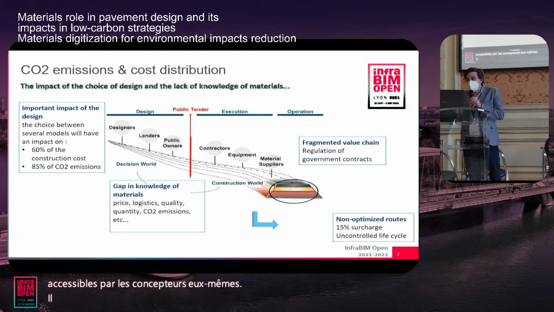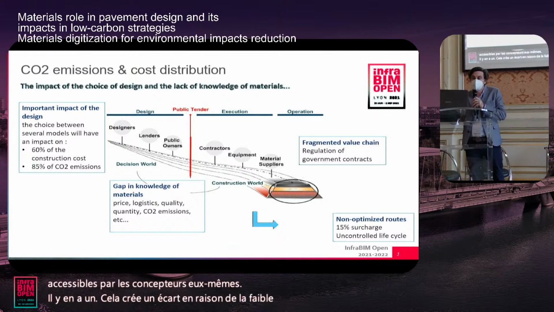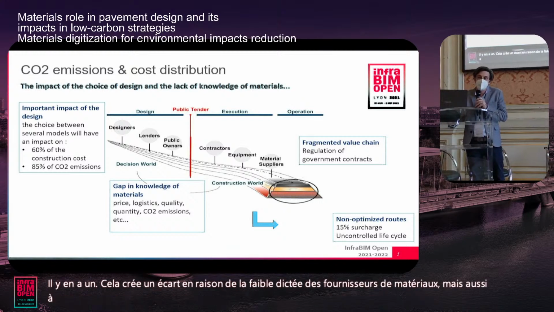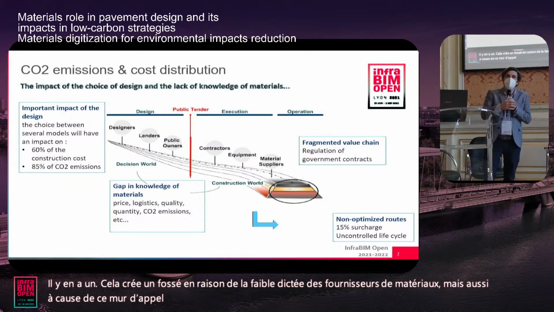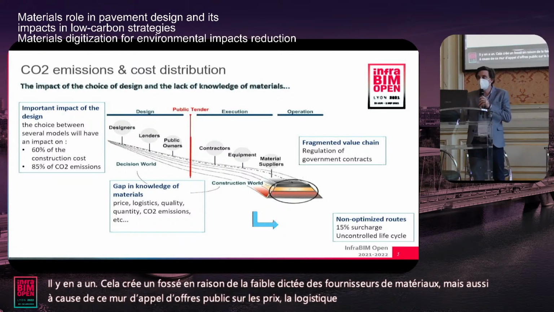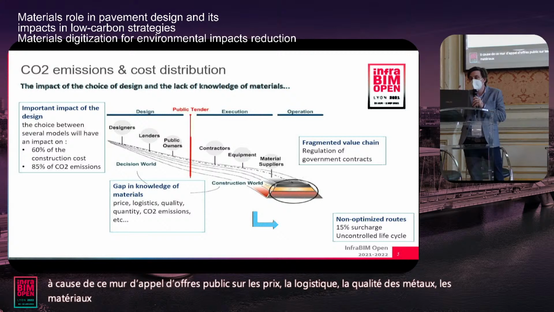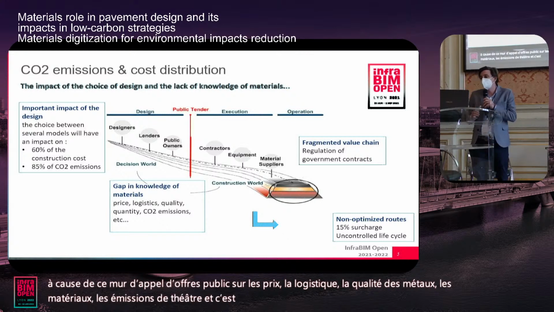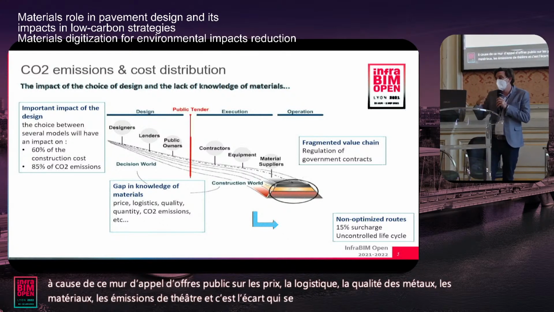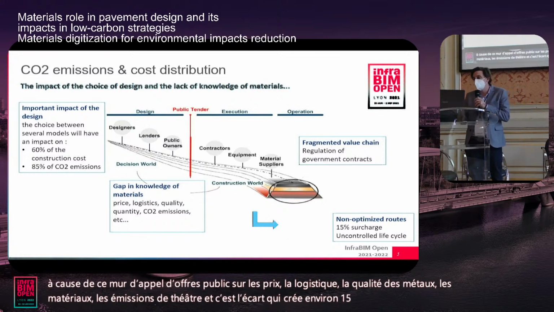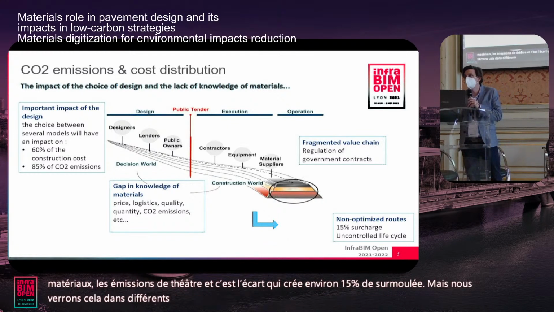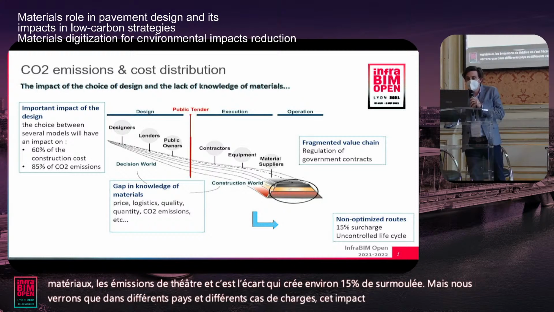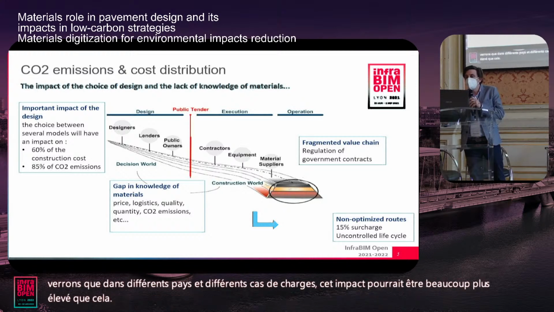This is creating a gap because of the low digitization of the material suppliers, but also because of this public tender wall about prices, logistics, materials quality, materials CO2 emissions, and that's the gap that is creating around 15% of overcost. But we will see that in different countries and different cases of roads, this impact could be much higher than that.